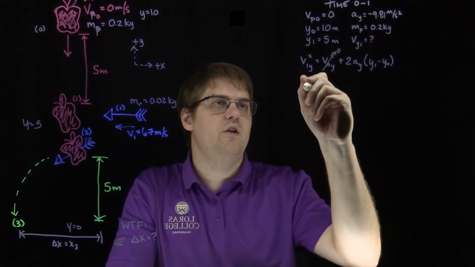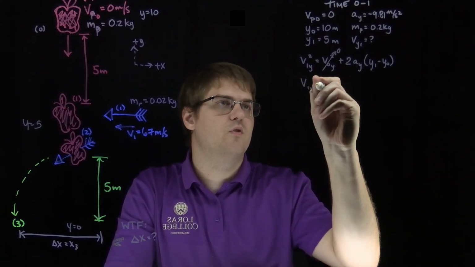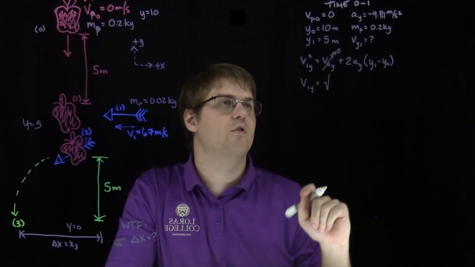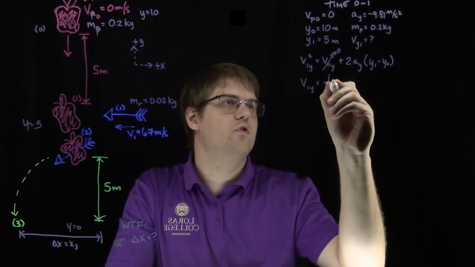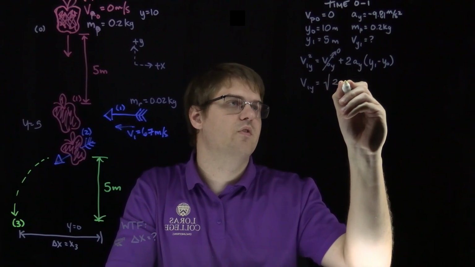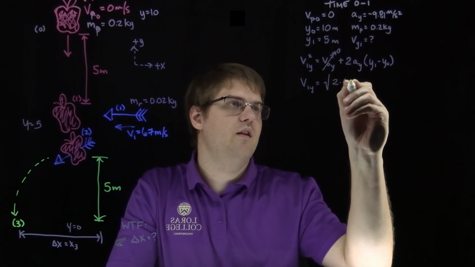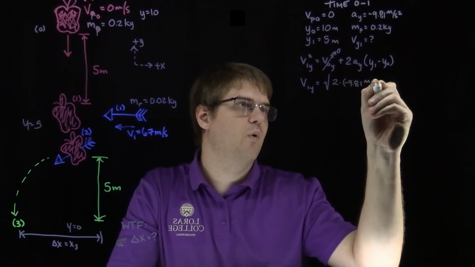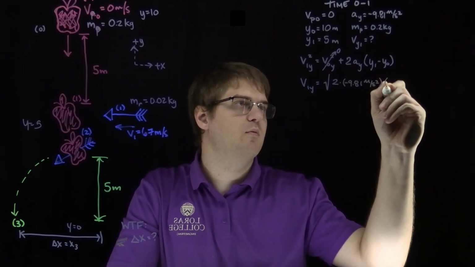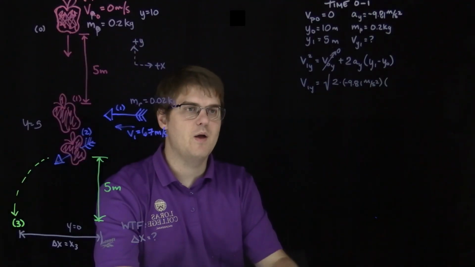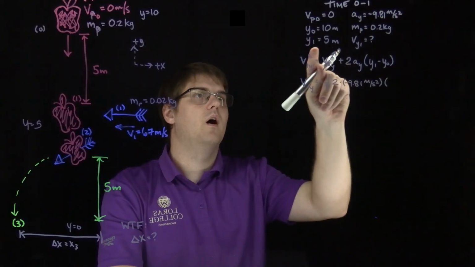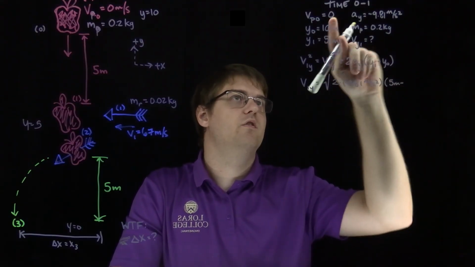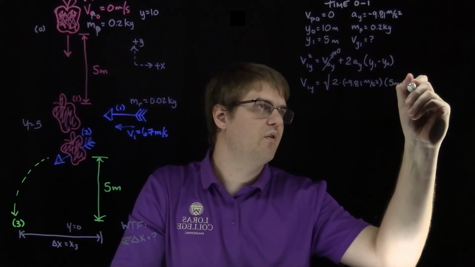And my velocity 0 in the y of the apple is 0. So velocity 1 in the y is going to be the square root, because that's what I want, of 2 times negative 9.81 meters per second squared times my y1, which is up here as 5 meters, minus my y0, which is up here as 10 meters.